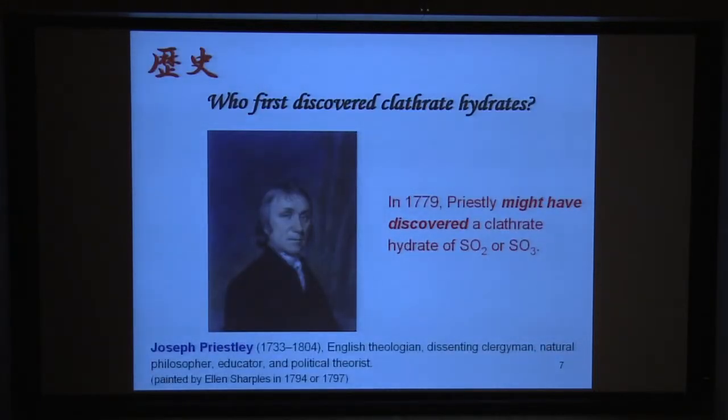So what's the history behind who first discovered clathrate hydrate? Actually, it's very difficult to define who was the first person. But in 1779, there was Joseph Priestley, who was a theologian and a natural philosopher who had been actively involved in society, and also a political theorist.